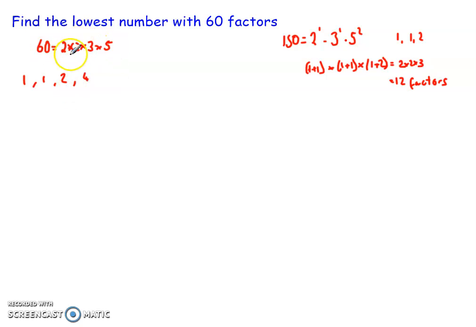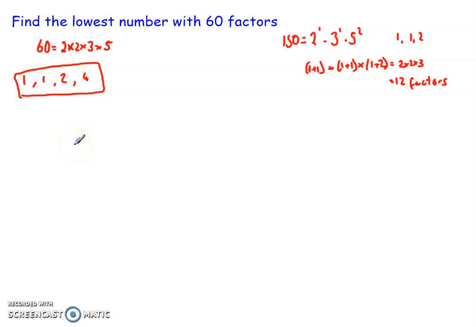Because remember, that tells me how many factors there are. So similar logic to this, that's the powers with 1 added, multiplied together to give me the number of factors. So each of these, if I take 1 off, that tells me the powers associated with the primes of the decomposition that I've got. So in this case, my powers are going to be 1, 1, 2, and 4.